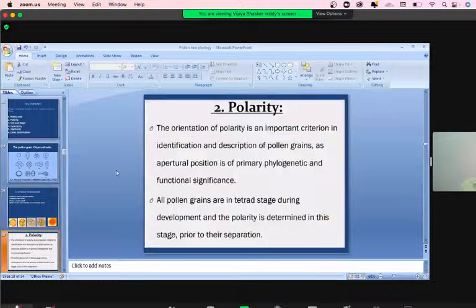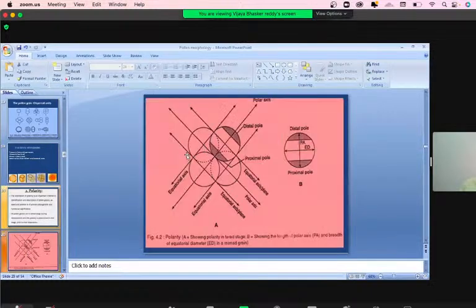Polarity also always matters. Generally, once pollen grains are formed after meiosis, four cells are formed. While they are united in the tetrad form, we can know the direction. In a tetrad, there are two poles for each pollen grain.